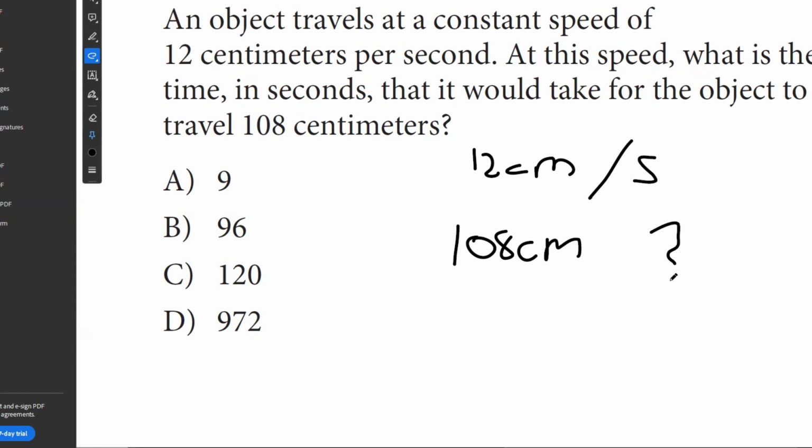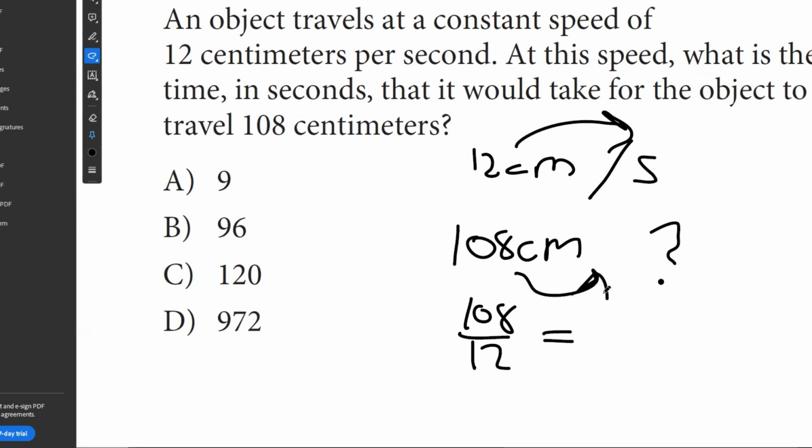Basically, we're just going to divide 108 by 12 to get our answer, since it's traveling 12 centimeters in a second. You're basically dividing it, and you're going to end up with 9. It's going to take 9 seconds.